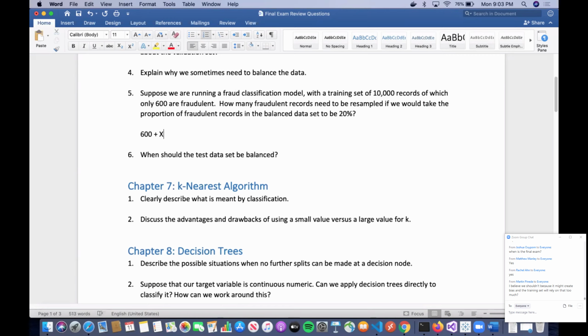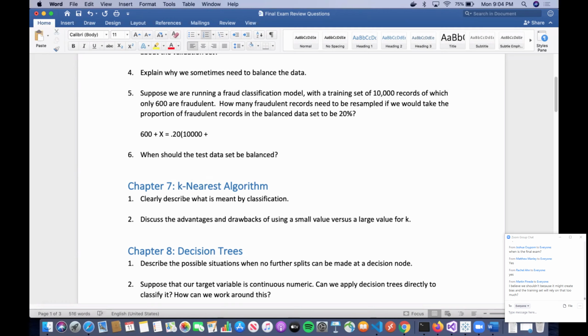That's what we're going to solve for. We say it's equal to 20%. That's 0.20 times the number of records that we have, which is 10,000 plus x, because we're trying to add.